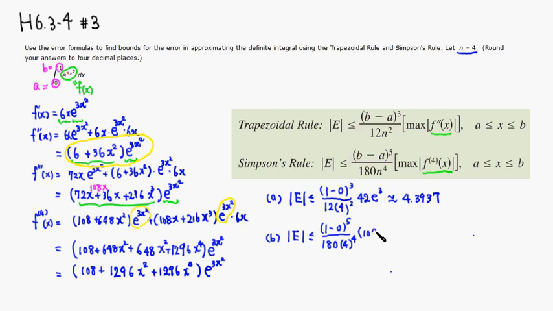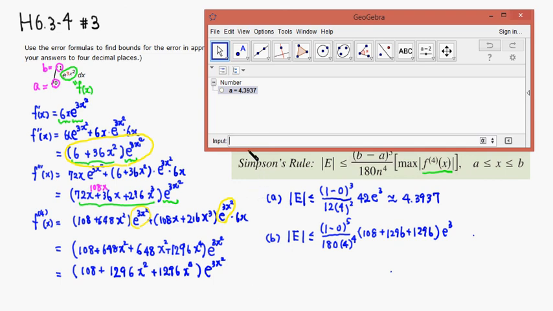If you plug in 1 here, you're going to have 108 plus 1296 and another 1296, then you have e cubed. So let's compute that in GeoGebra. I'm going to do the addition first: 108 plus 1296 plus 1296 again, then times e cubed.